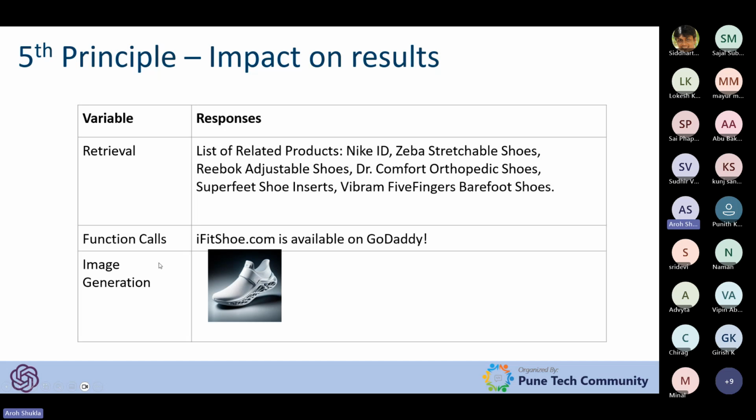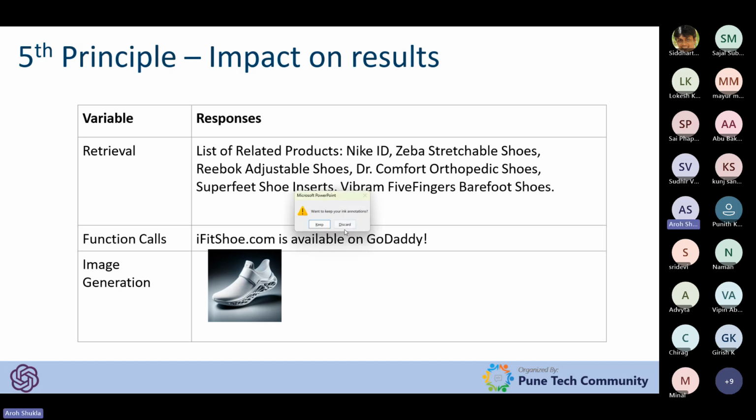I mentioned text, but we can do this with an image model too. Whether it's a text model, an image model, or a video model, the concepts are exactly the same. Techniques keep changing maybe, but the principles never change, so we always focus on the principles.